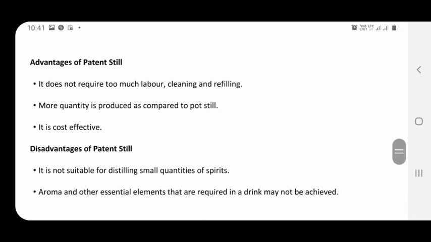It is cost effective. Disadvantages of the patent still: it is not suitable for distilling a small quantity of spirits, and the aroma and other essential elements required in a drink may not be achieved.